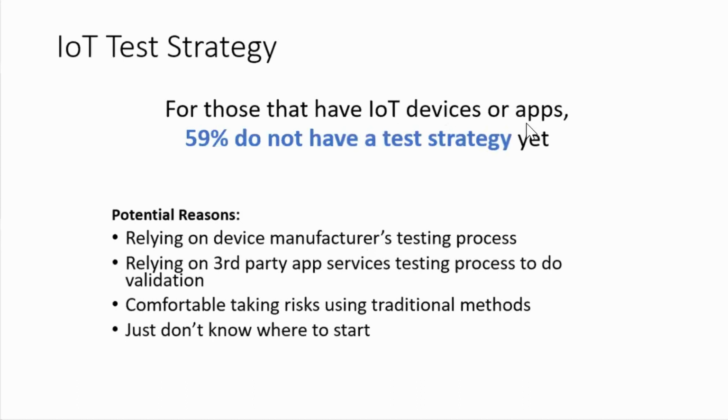I really pondered on this one, and I came up with some potential reasons why 59% do not have a strategy. I thought, a lot of folks are relying on device manufacturers. Think about if I'm assembling a self-driving car and I have radar components and sensors, right? Let's say I'm General Motors. I'm not manufacturing the sensors.